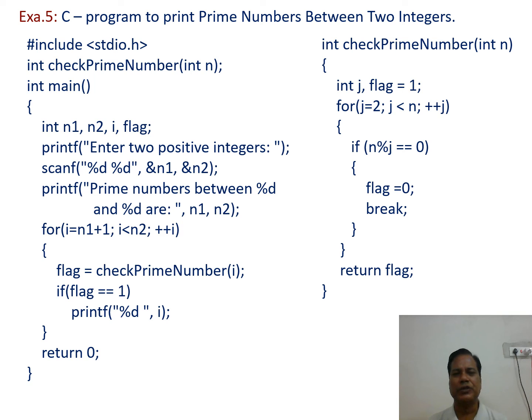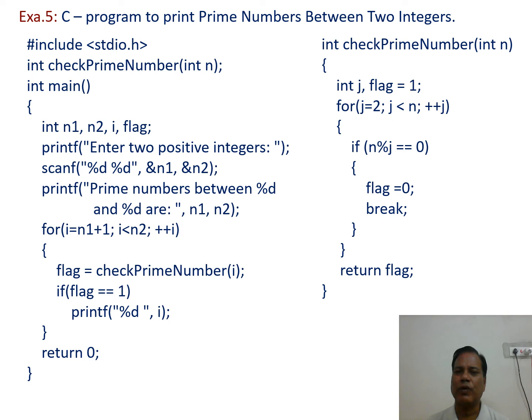When the condition is true, again flag equals check prime number. This function is called again, and then the second higher number from the lower range is tested for whether it is prime or not.